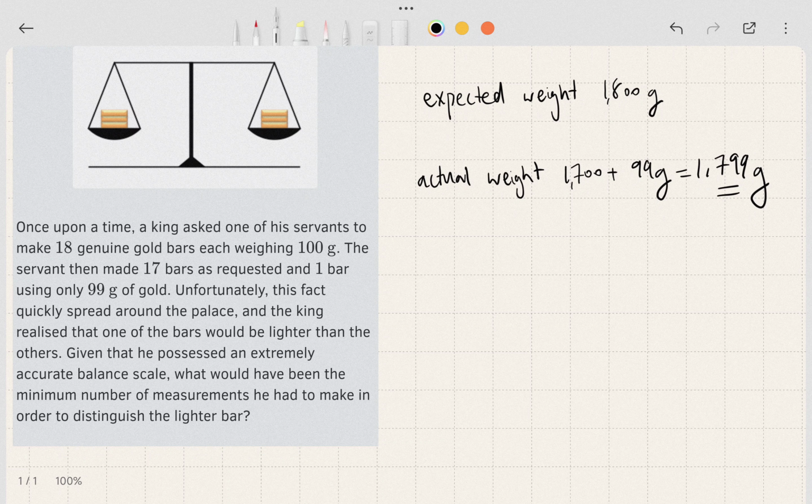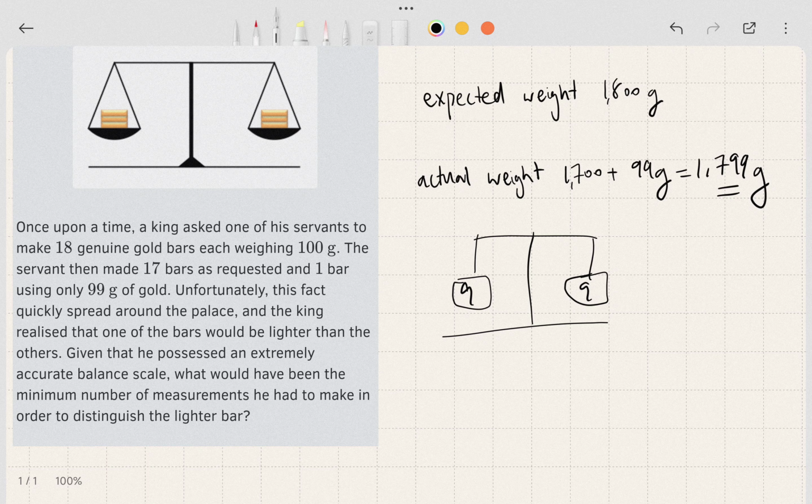So what he could have done was separate the 18 gold bars into 9 each and weigh them.